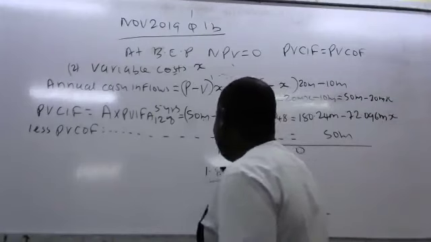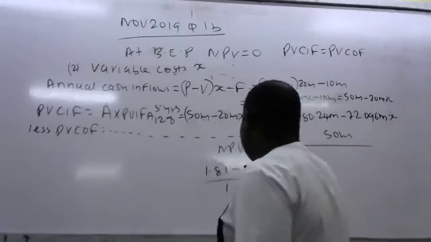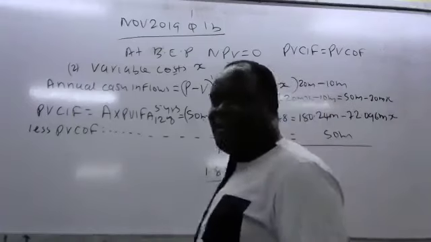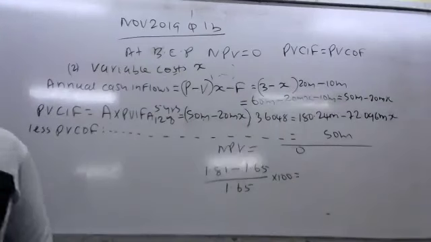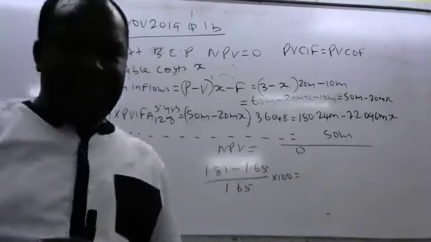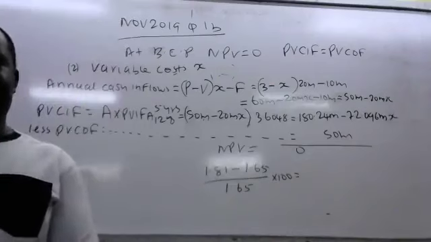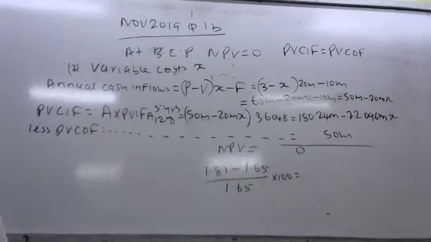So you also divide by 1.65. We should be required to show it as a percentage. So it comes to 9.7%. Yeah, so that is what we should be able to do.